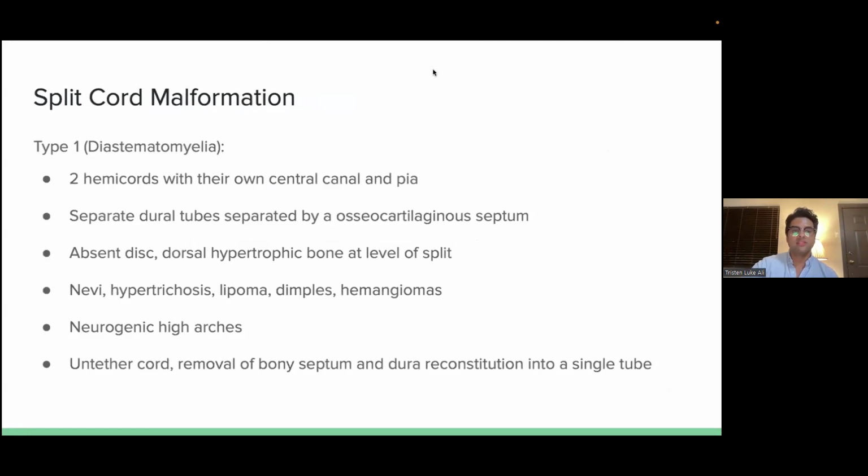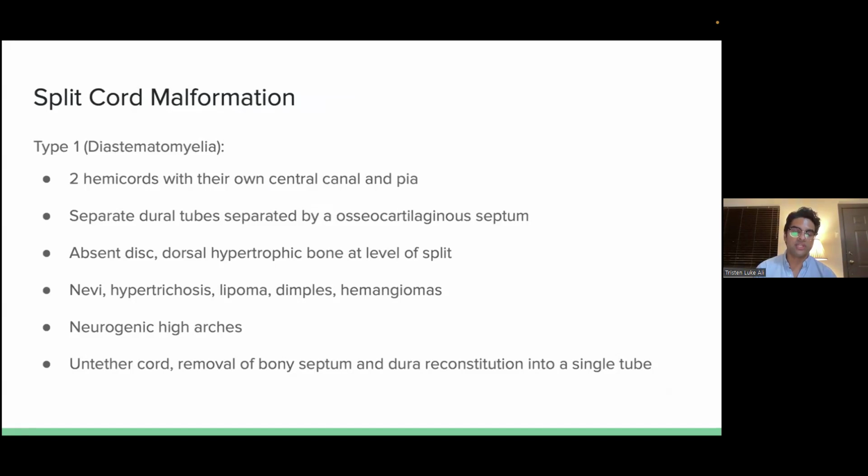We can now get into split cord malformation, which can be divided into type 1 and type 2. In type 1, there are two hemicords, each with its own central canal and pia. They are in separate dural tubes separated by an osteocartilaginous septum, with an absent disc and dorsal hypertrophic bone at the level of the split. You can have some cutaneous manifestations such as nevi, hypertrichosis, lipoma, dimples, or hemangiomas.